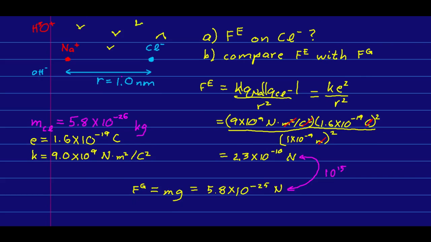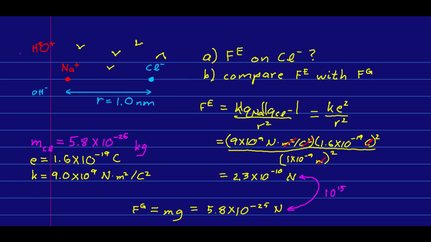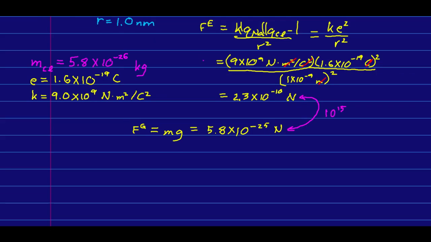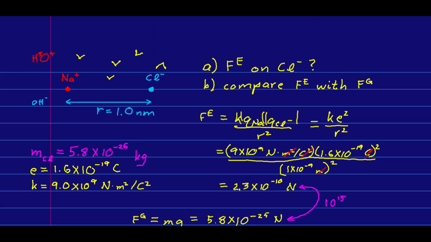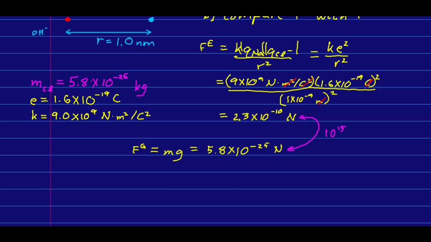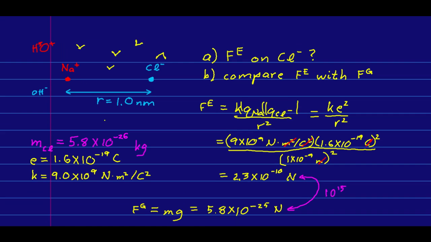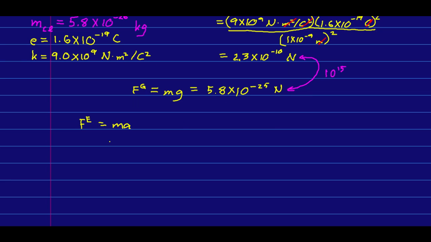Another thing to notice is that if there were not all these other things exerting forces on the chloride ion, and if it was just interacting with this sodium ion, what would its acceleration be? So let's say our electrical force is the mass times acceleration of the chloride ion. This is only valid if the only thing it's interacting with is the sodium ion.